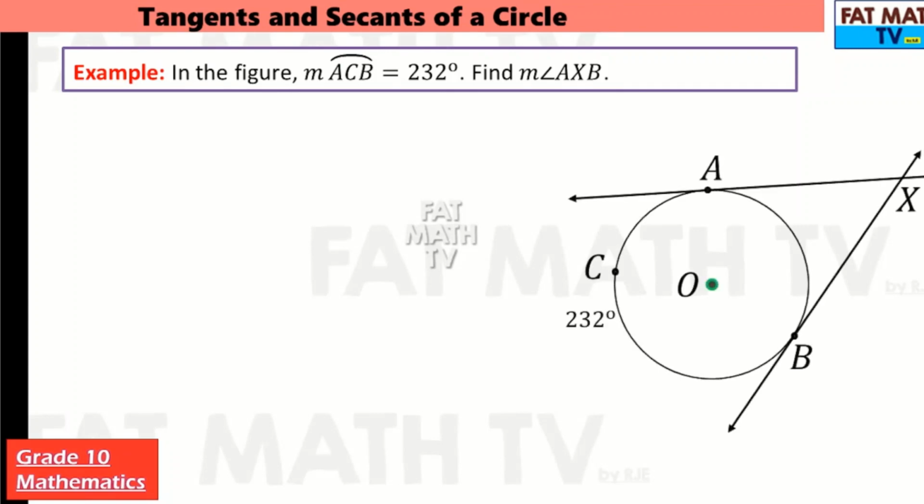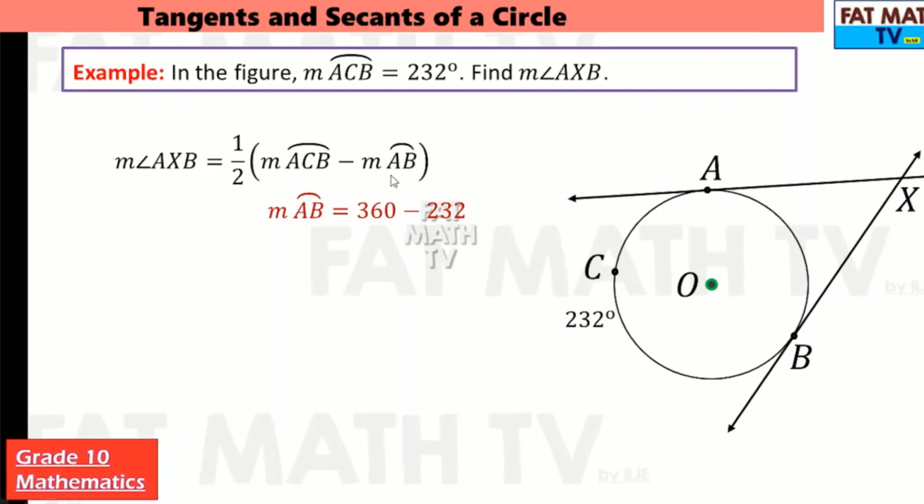So in the figure, measure of arc ACB is 232. Find the measure of angle AXB. So the measure of arc ACB, this one, and arc AB sum up to 360 degrees. To solve for the measure of angle AXB, that's half the positive difference of the two intercepted arcs.